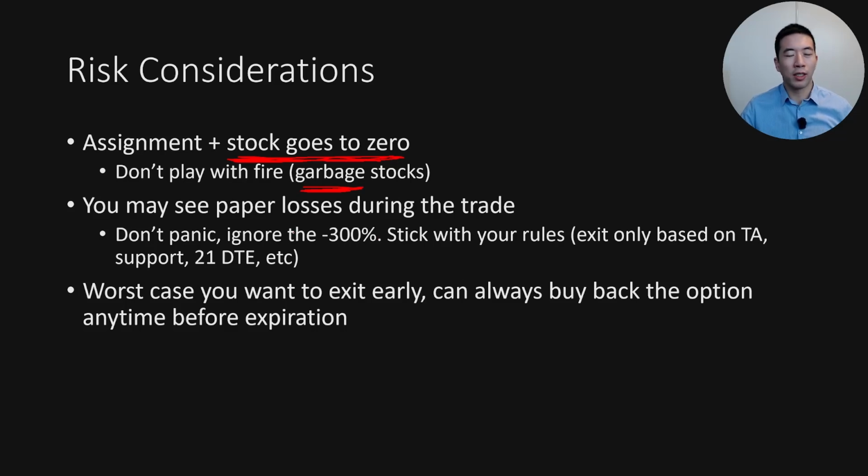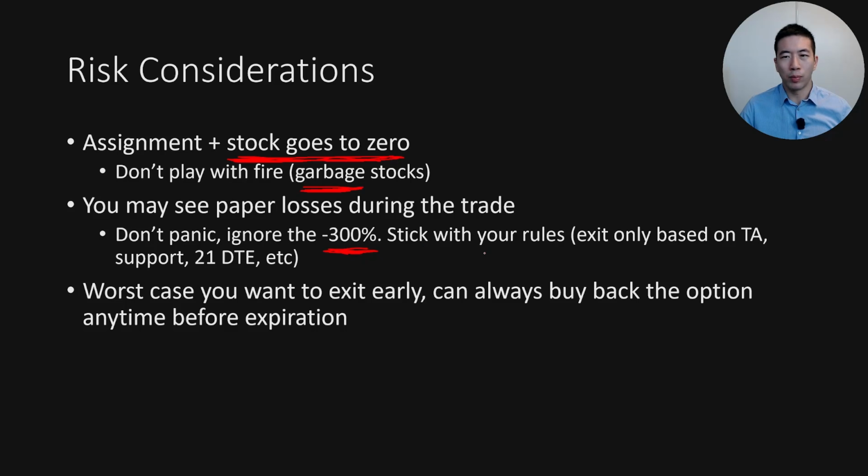The second risk and consideration I wanna talk about is you may see paper losses during the trade, okay? Do not panic. Ignore the 300%, 400%, 500%. Okay, that paper loss is not important. Remember the basics and the math of how a short put works. Okay, in this kind of trade, we don't look at the P&L percentage.